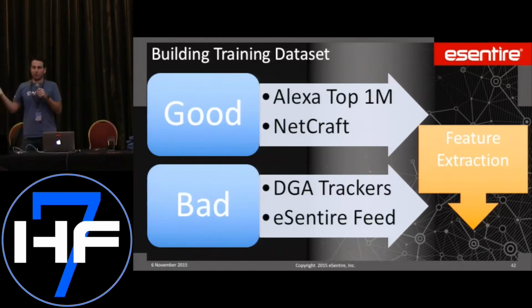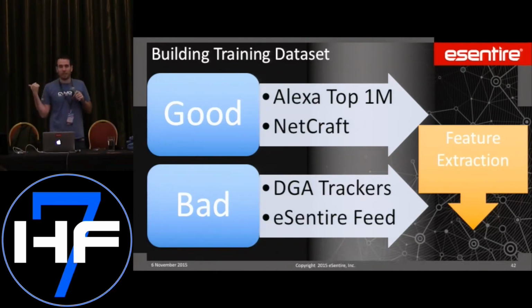Taken together, you get about 1.5 million known good domain names. To generate the known bad domain names, I went to different feeds. There are special trackers for domain generation algorithms, and eCentire has our own feed, so I also took that and combined it together.